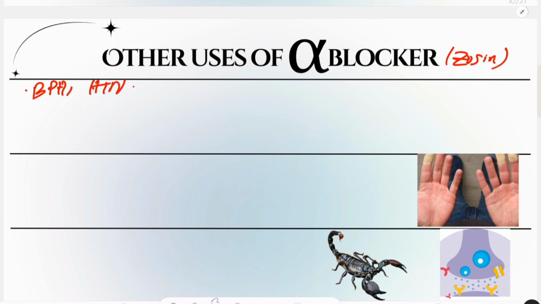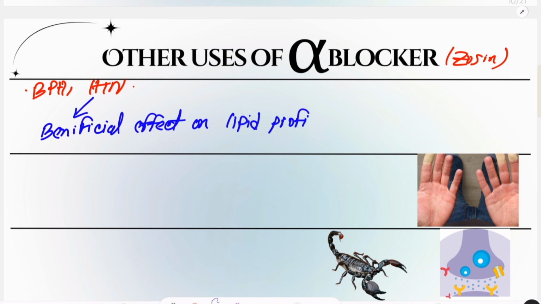It is a very useful drug compared to other antihypertensive drugs because it has a beneficial effect on lipid profile, whereas other antihypertensive drugs such as thiazide or beta blockers worsen the lipid profile.